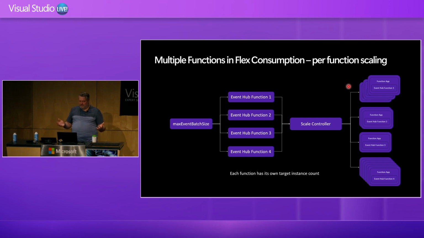But behind the scenes, the platform is scaling them into their own instances so that the scaling is deterministic based on the concurrency, even if you have multiple in the same app. The only thing to keep in mind here is, of course, the max instance count. It's still the max instance count currently for the app. We're looking at introducing something that you can control the max instance count per function group as well, so that you can say, only scale my service bus one to one and let the event hubs one go nuts and scale to 1,000.